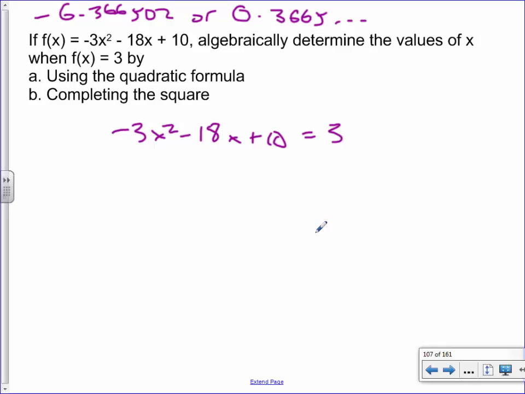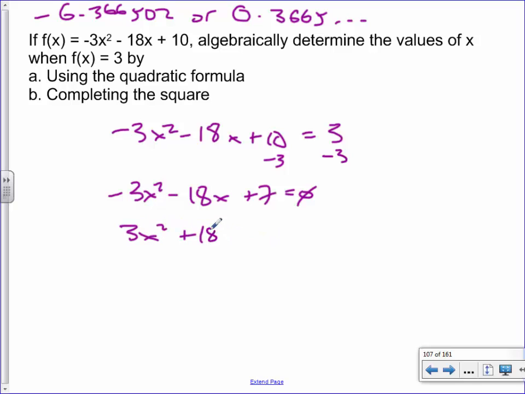How do I use the quadratic formula now? That'll work. Because we have to make it equal to 0. To be honest, I actually don't like using negative leading coefficients very much. So I could flip all the signs and make it positive 3x squared, positive 18x, and minus 7.